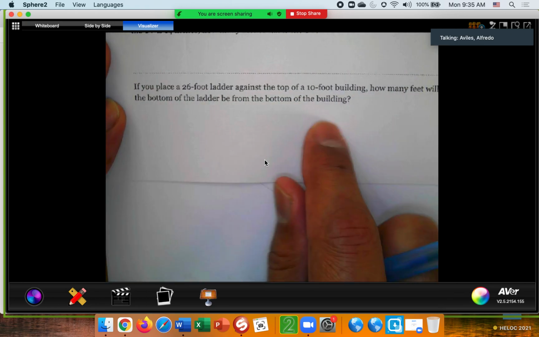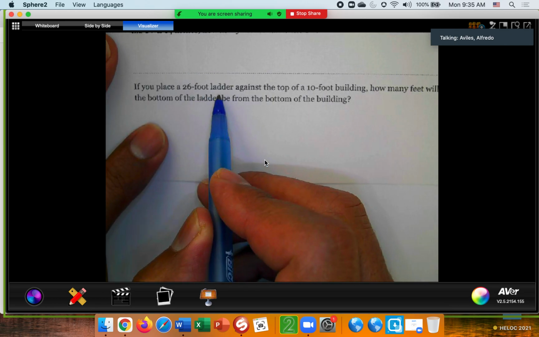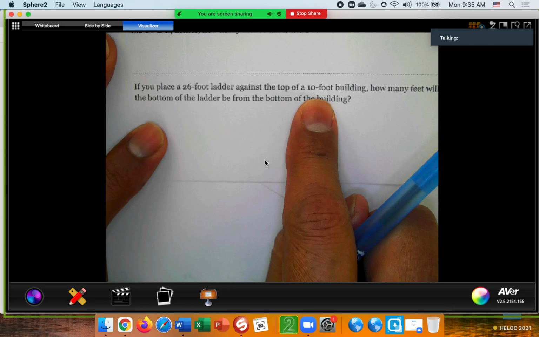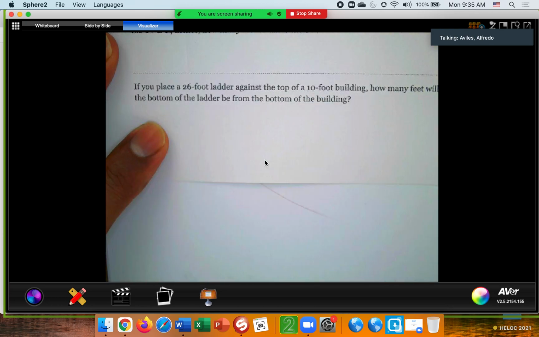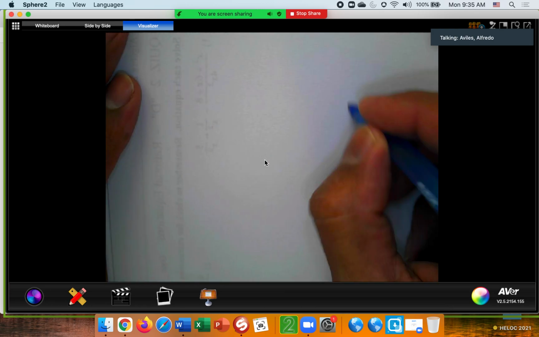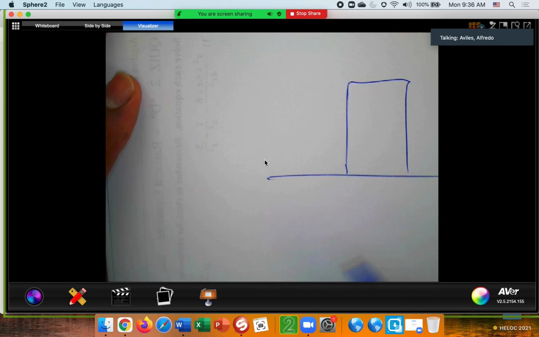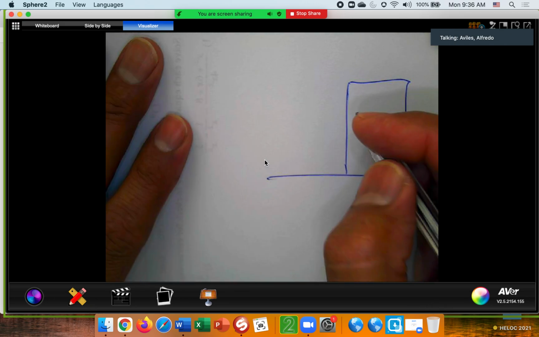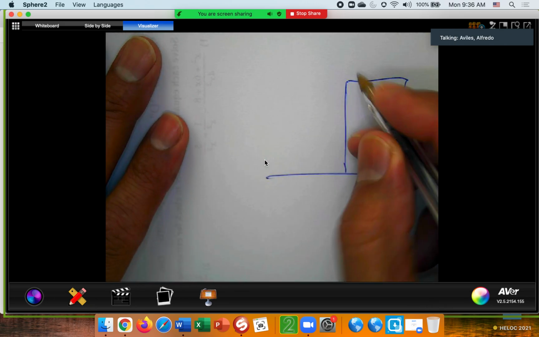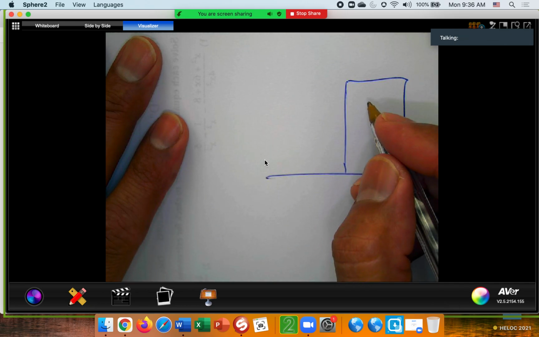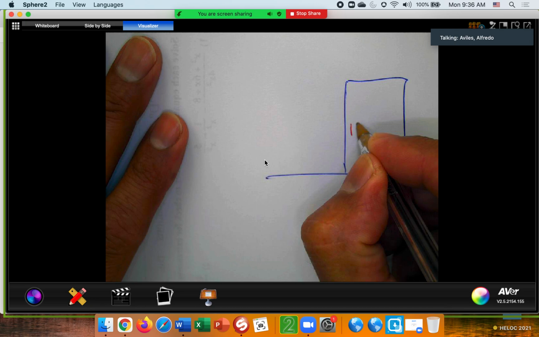If you place a 26-foot ladder against a 10-foot building. Now, let me explain something to you. Let's say you have a building, or a house with a wall, it doesn't matter, and let's say this is 15 feet.